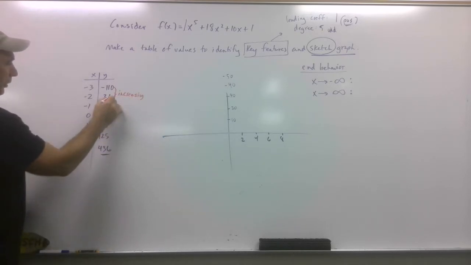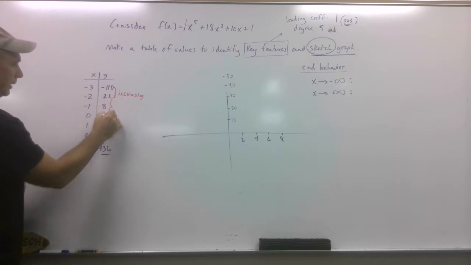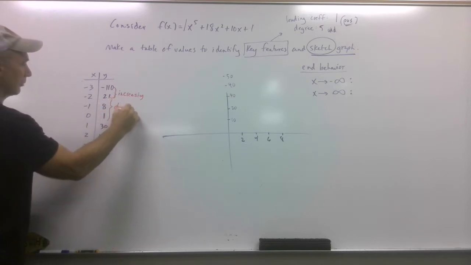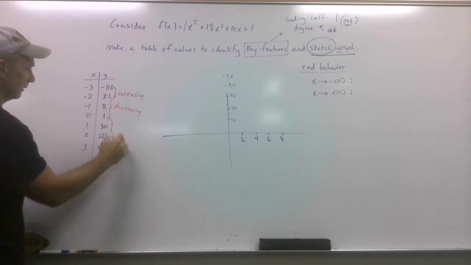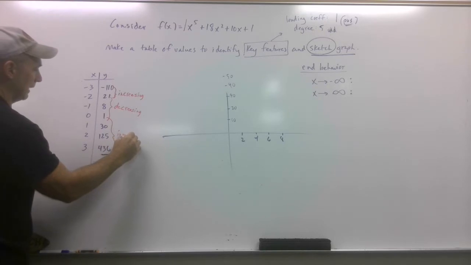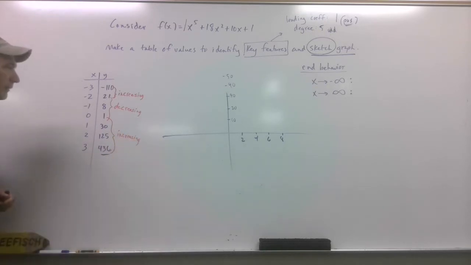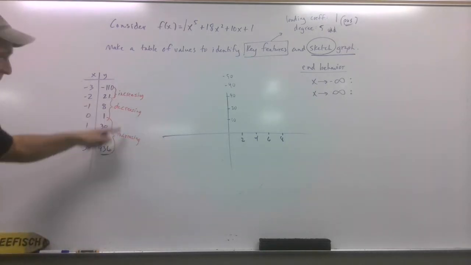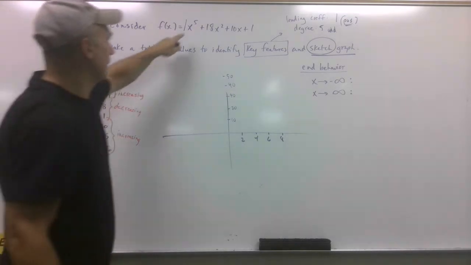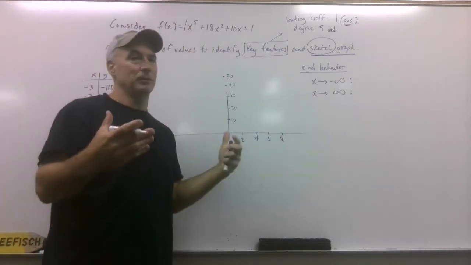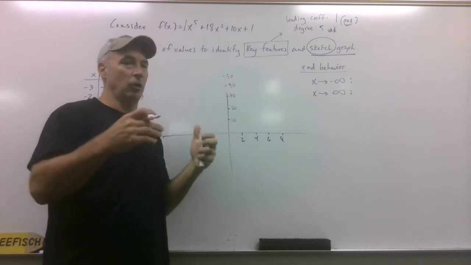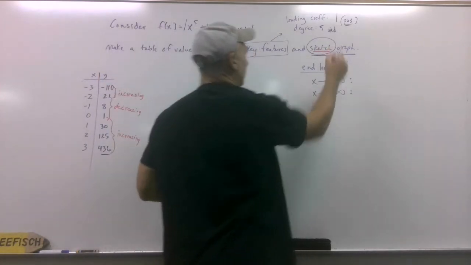Now from here all the way to here is decreasing, but then from 1 to 30 it just keeps increasing. So what that's looking like is that there are 3 bumps. Now remember, there's a little confusion there, because with degree 5 there's going to be 4 bumps. But we're just not going to be able to be that precise about it. So that's why it says sketch.